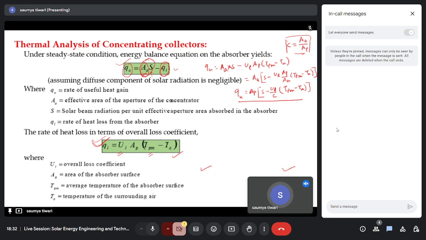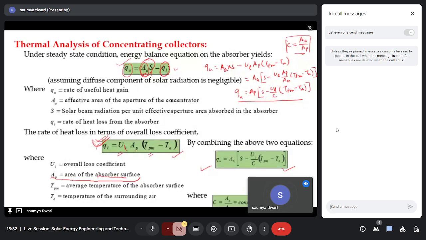Your loss will be your overall heat loss coefficient times the area of the absorber surface, times the average temperature of the absorber surface minus your ambient temperature. It's just the energy balance equation. Based on this, we can calculate your Q useful. And we already know that the concentration ratio is the area of the aperture over the area of your receiver.